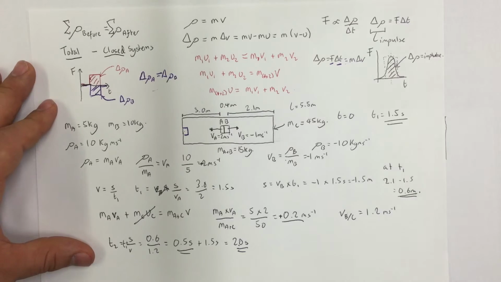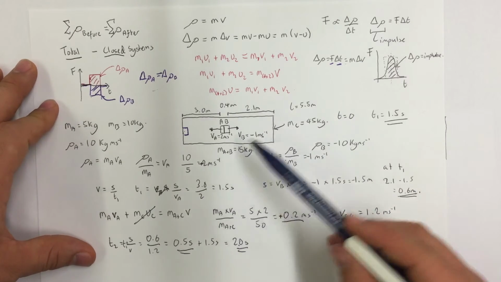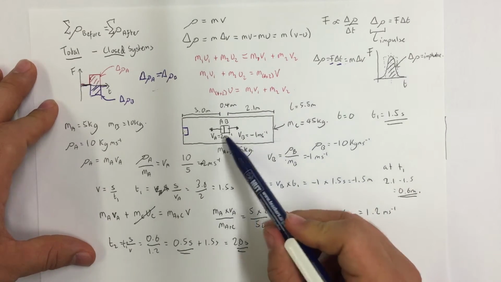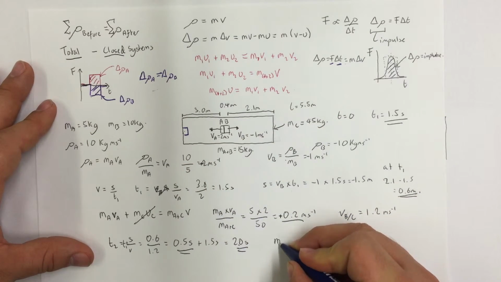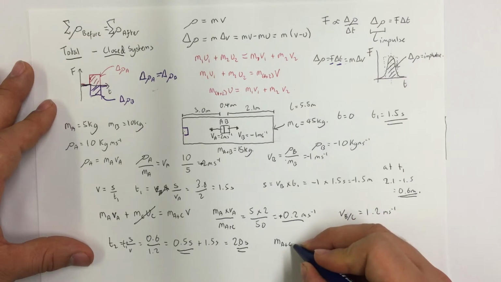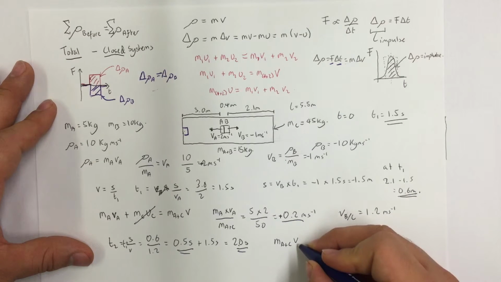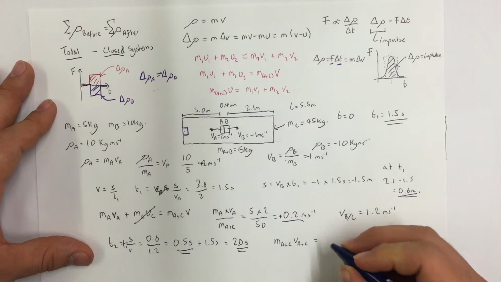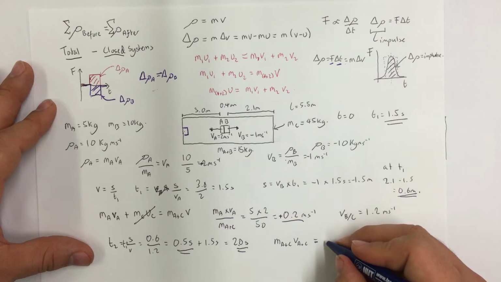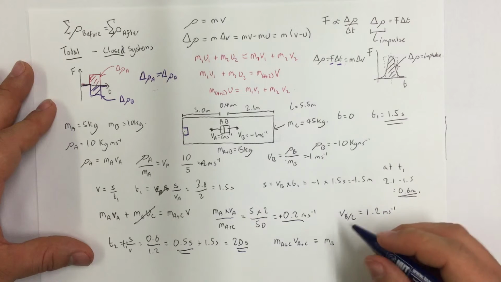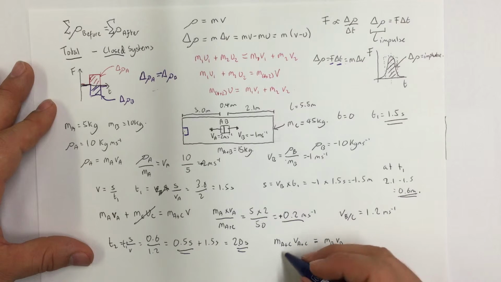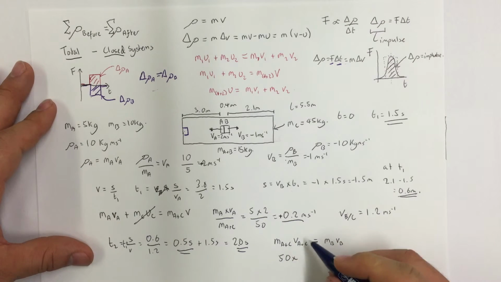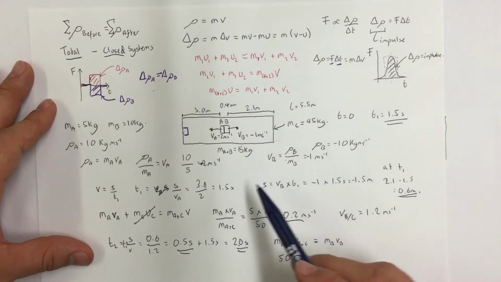Now, what will happen at this point is the momentum of B. If we work out the total momentum of the container in this direction, so the momentum of A plus C is the mass and the velocity of A plus C. That's going to be equal and opposite to the mass of B and the velocity of B. So if I put the numbers into this, the mass of A plus C is 50 times the velocity, which is 0.2.